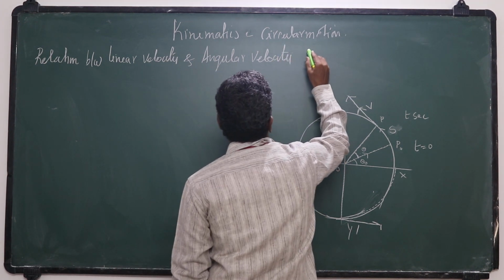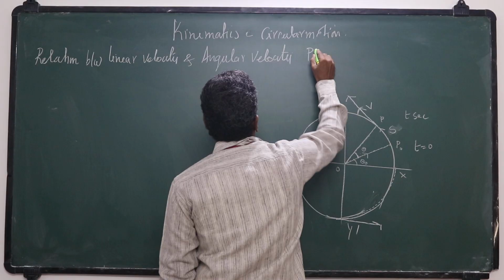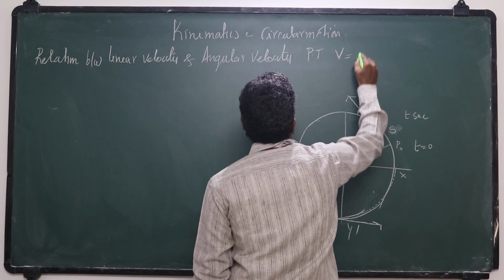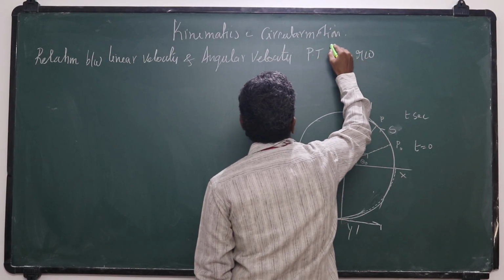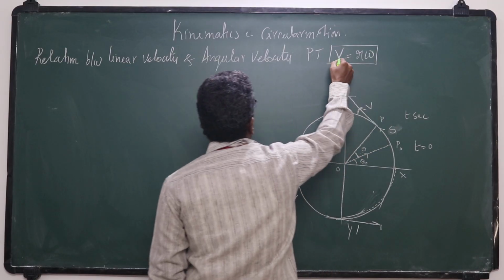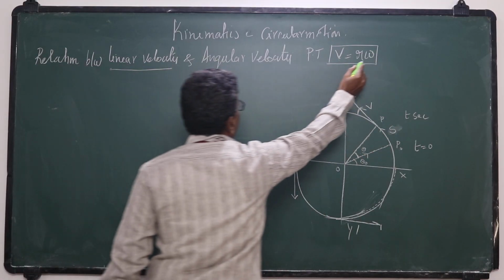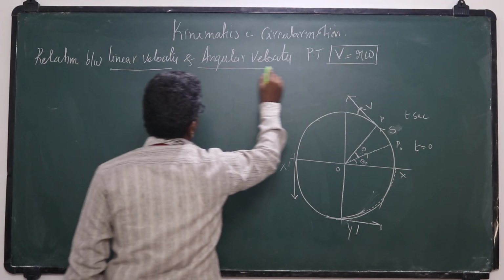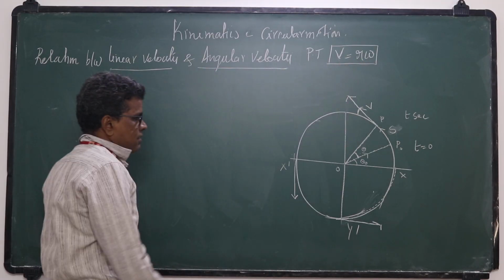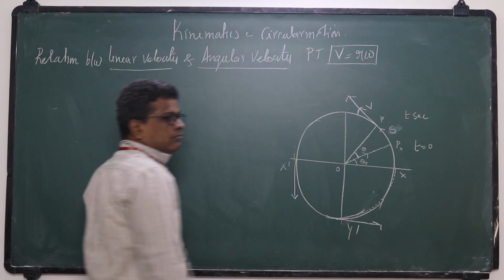That is, prove that V is equal to R omega, where V is linear velocity, omega is angular velocity, R is the radius of this circle.